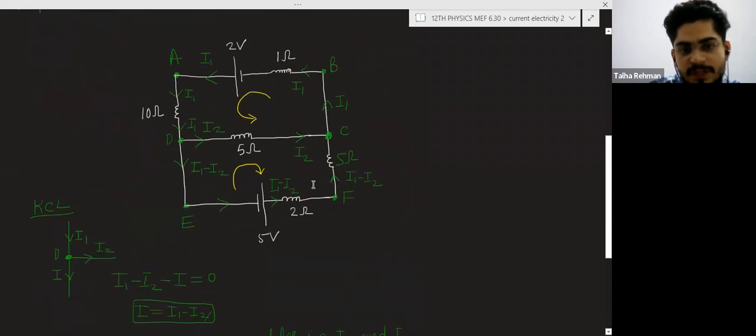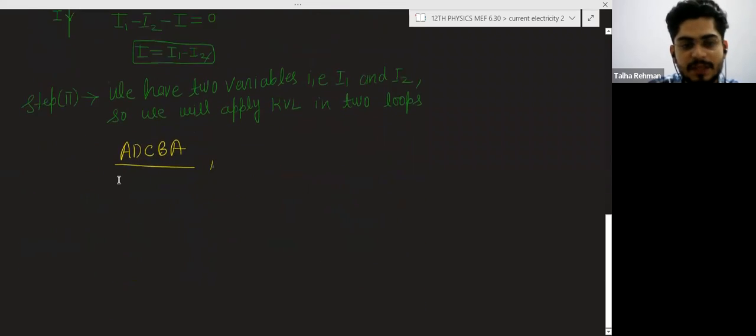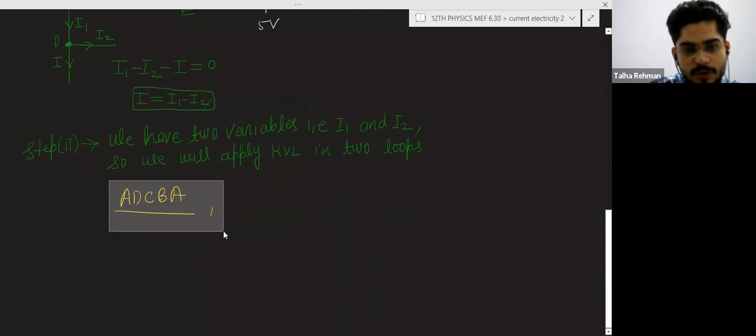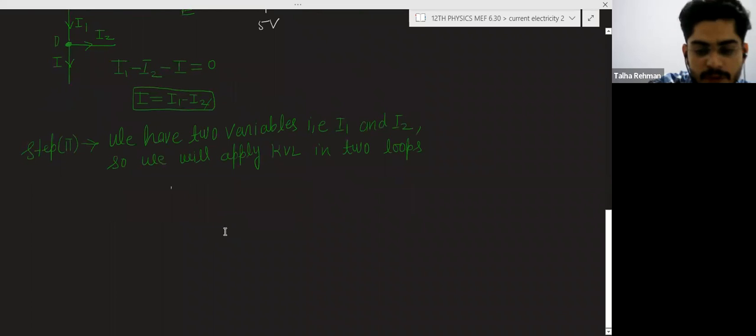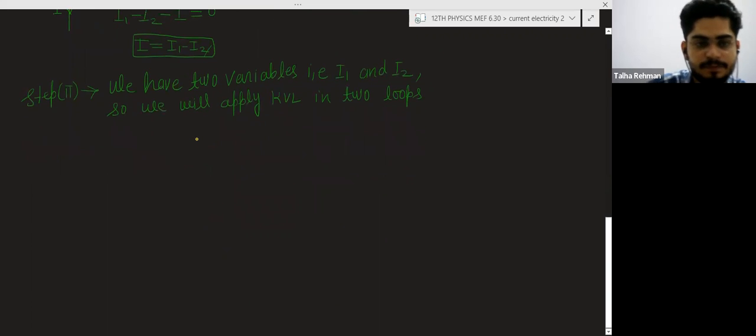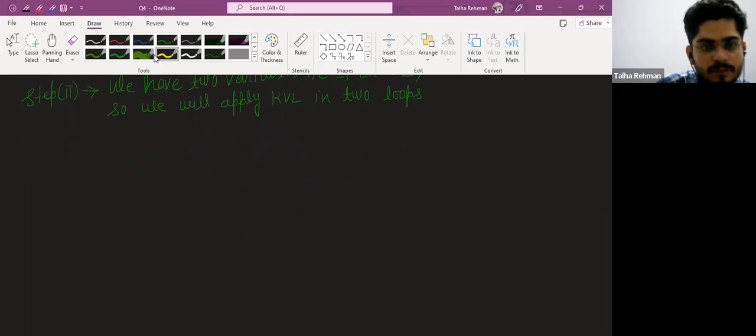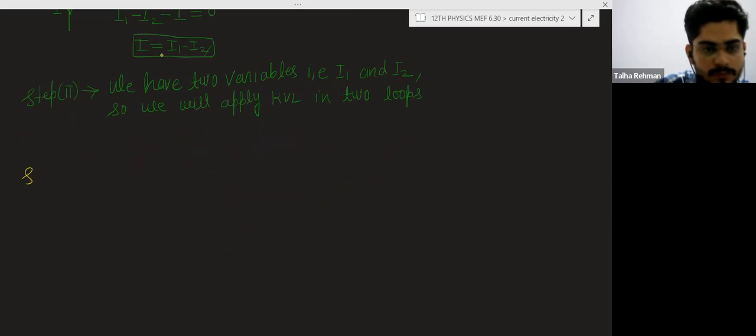This is the first loop, this is the second loop, and this is the path in the loop that I have chosen. Now we will apply KVL in loops.